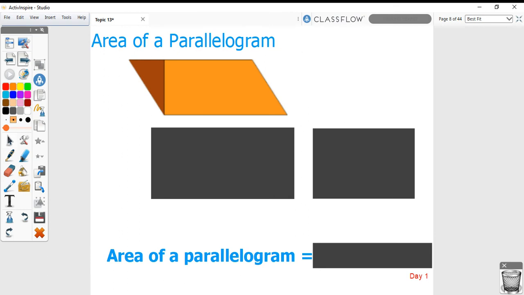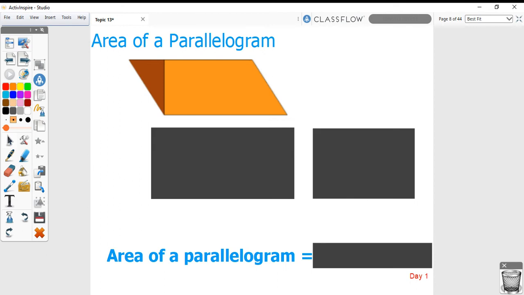All right, before we get to the examples, look at this. We have in this picture a parallelogram. A parallelogram has 4 sides, and the defining characteristic is that the opposite sides are parallel and congruent. What we have is a parallelogram that's been split into two sections.